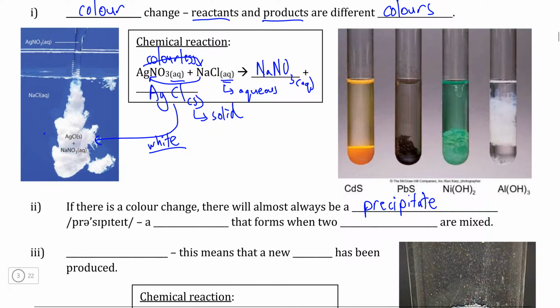So a precipitate is a solid substance that forms when two dissolved substances, meaning two solutions, in this case silver nitrate and sodium chloride, are mixed together. And even though each of those compounds dissolve in water, the product that is formed does not.